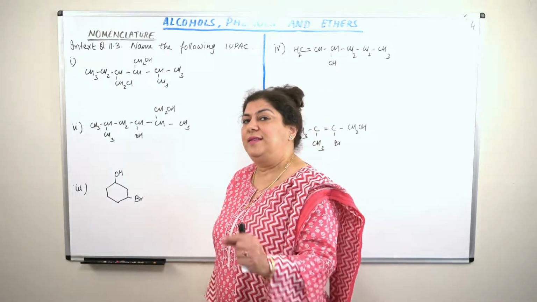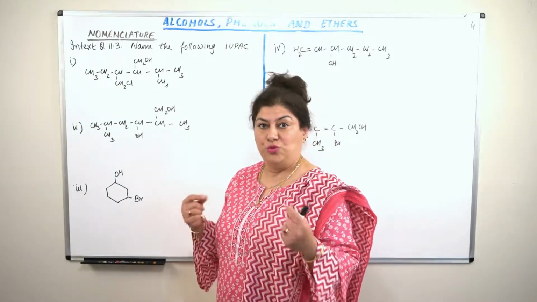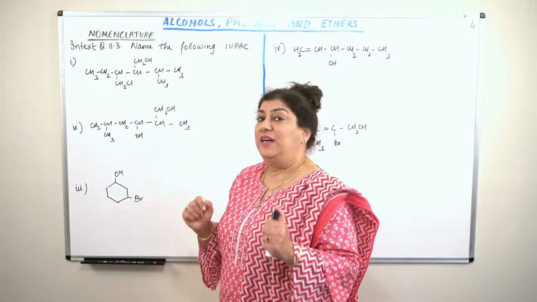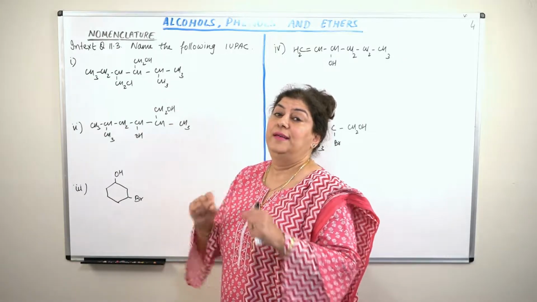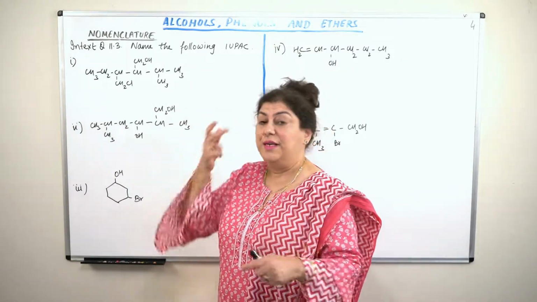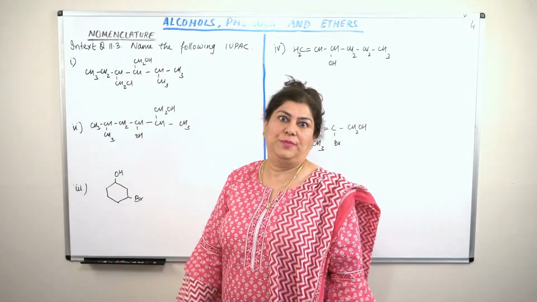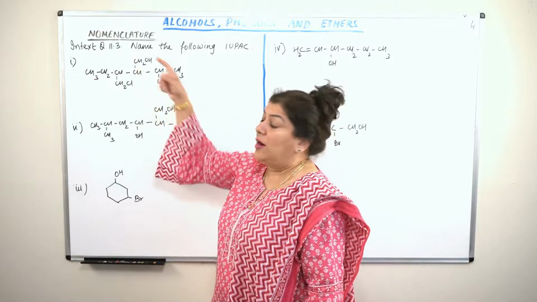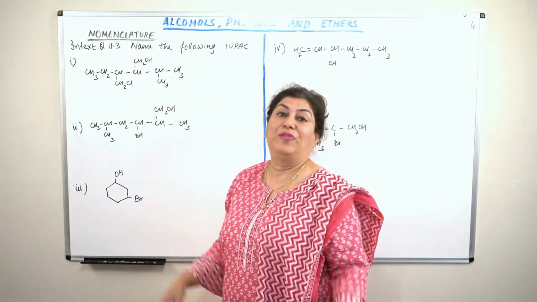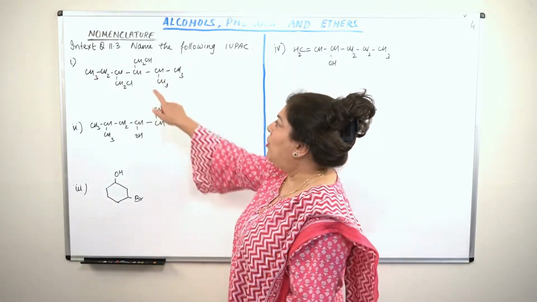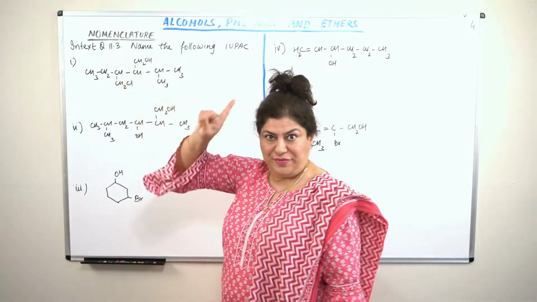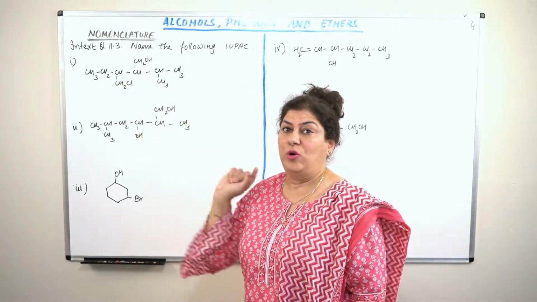But there is another thing that we have to keep in mind when we are choosing the longest chain. The functional group should be in the main compound, in the parent chain. So the functional group here is alcohol, OH. Therefore, this carbon should definitely be a part of the main compound. So I'll take this carbon as the first carbon and then choose my longest chain.